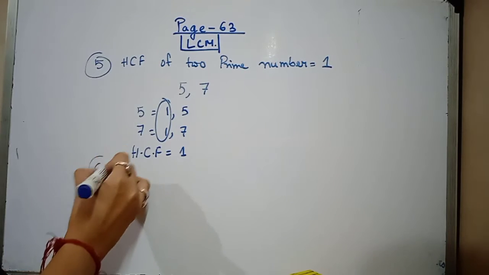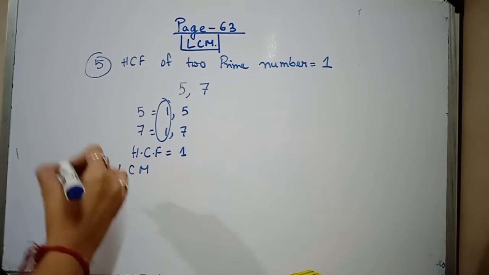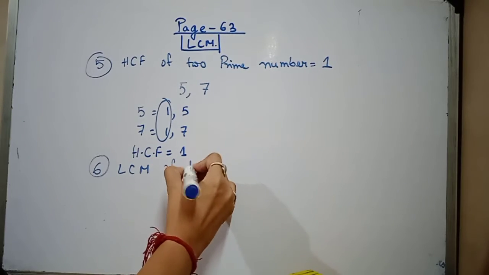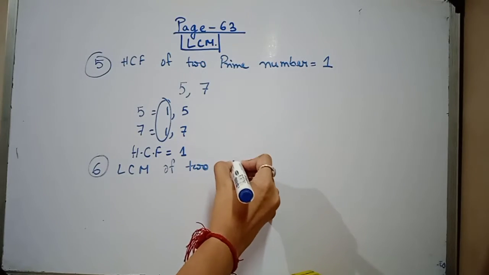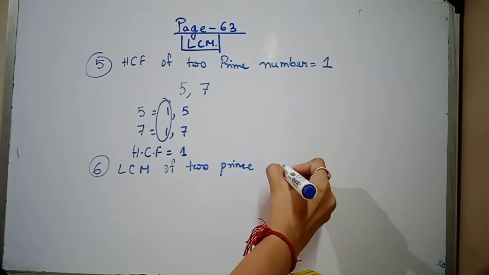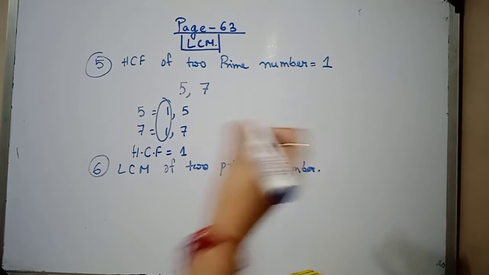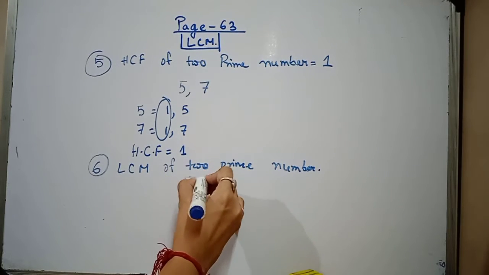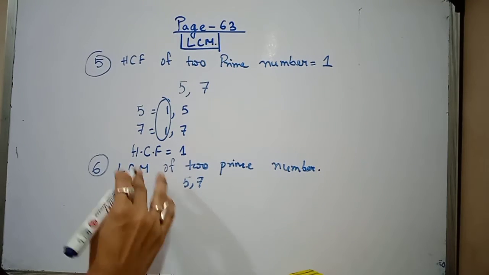But in the next section we are going to find the LCM of two prime numbers. To make you understand this, I am taking the same example, 5 and 7. Okay, now multiples of 5.